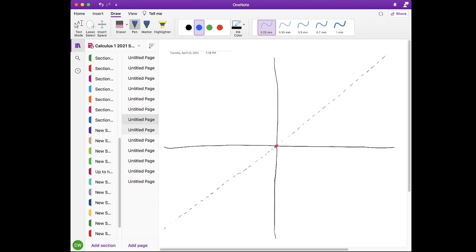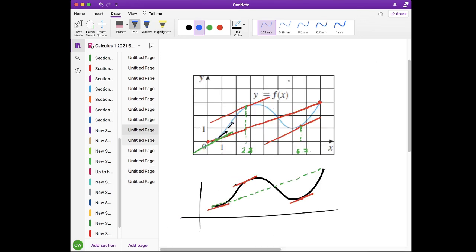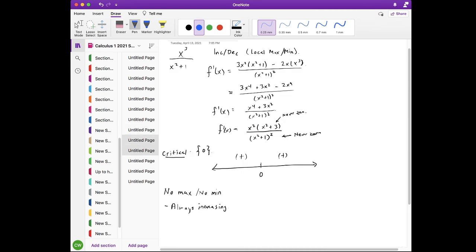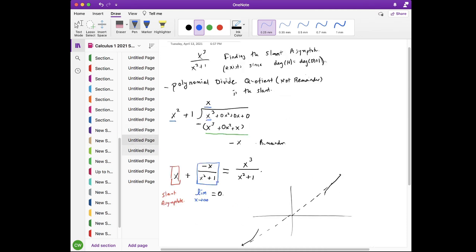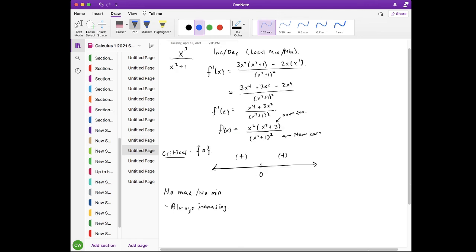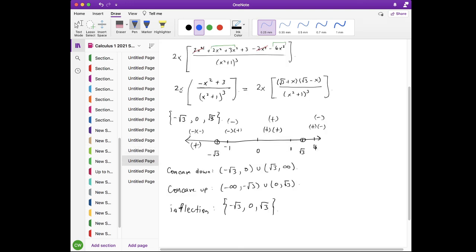Let's see, what else do we do? Okay, that was the slant asymptote. We saw it's increasing everywhere, and there's no max and min. And then we have these inflection points at negative root 3, 0, and root 3.